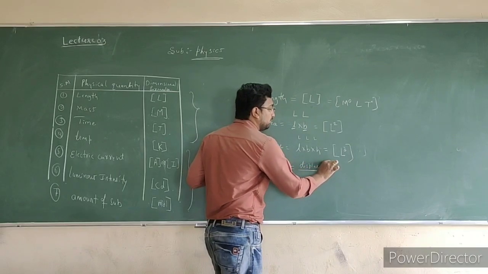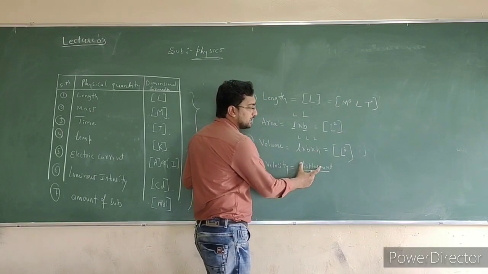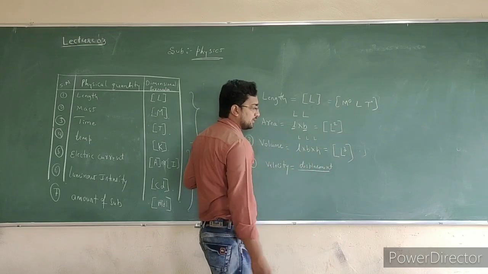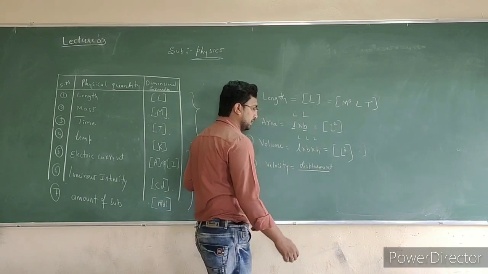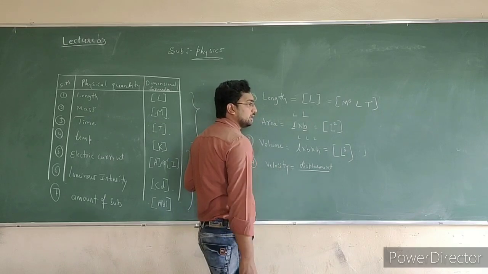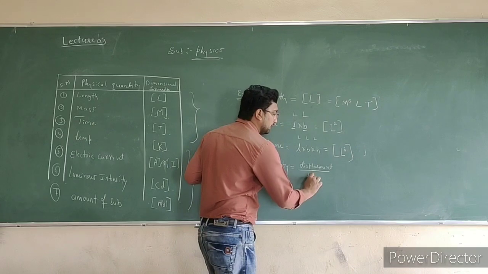So what do you mean by displacement? Displacement means the shortest distance between 2 points. So then velocity is equal to displacement by time.